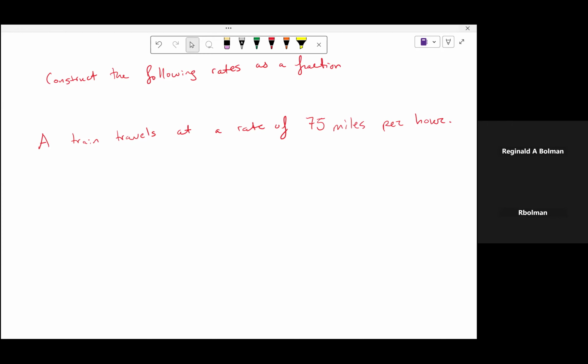How do we represent that as a fraction, if you will? So in this instance, we're scanning through these problems and we're going to be looking for words like per, words like every, words like to, words like in, words like for each.